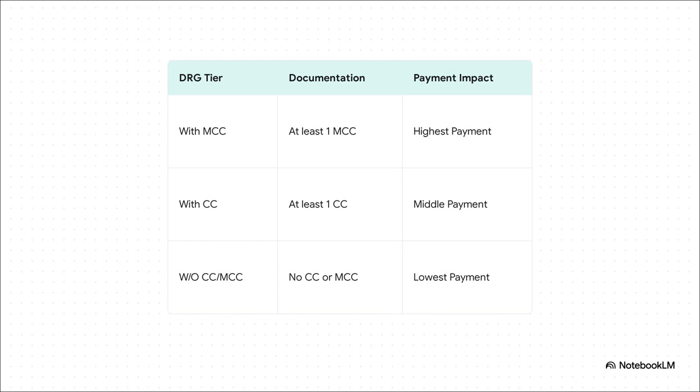As you can see, if you have no complications documented, you get the lowest base payment. But capturing just one complication or comorbidity, what we call a CC, pushes you up to the middle tier. And even more critically, capturing a major complication, an MCC, like acute respiratory failure or sepsis, immediately elevates the tier to with MCC, which yields the absolute highest reimbursement relative weight.